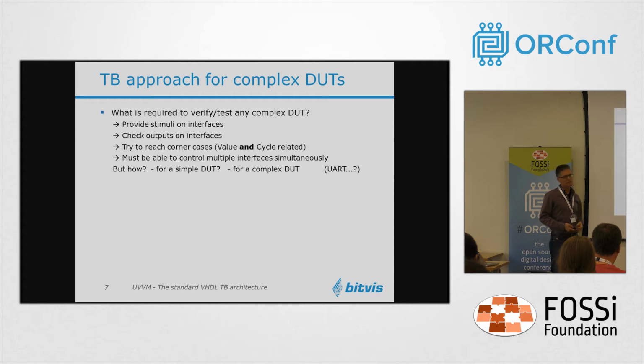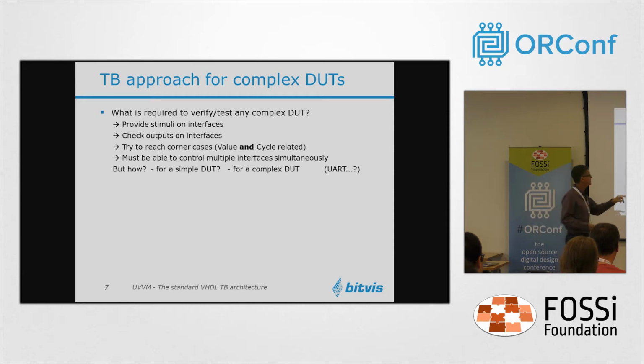So how should you do this? For a simple device under test, maybe you can just manage with BFMs and these checkers and awaits and so on. But for complex devices under test, you need more. And what is a UART? Is that a complex device under test? No, not really.